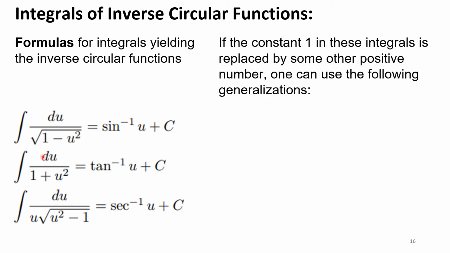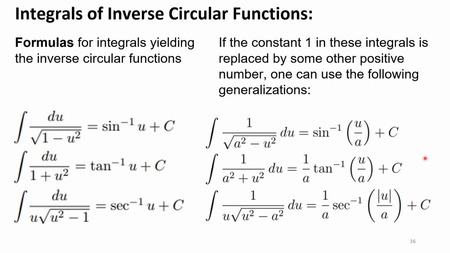Now, if the constant 1 in these integrals is replaced by some other positive number, one can use the following generalizations. Instead of a 1, we replace that with a. The integral of 1 over the square root of a squared minus u squared du equals sine inverse of u over a plus c.